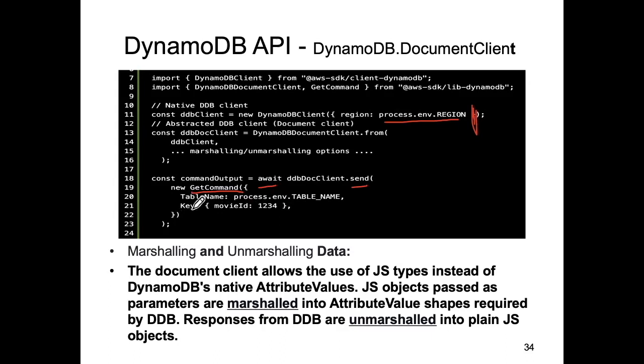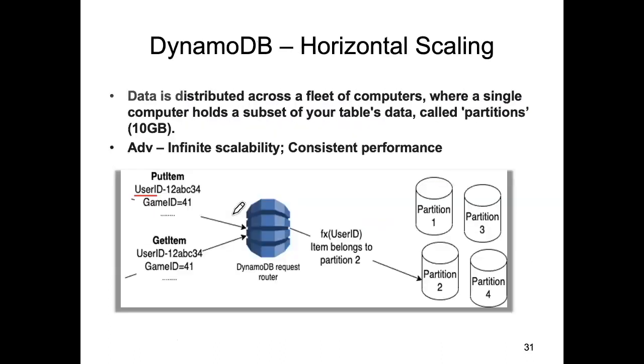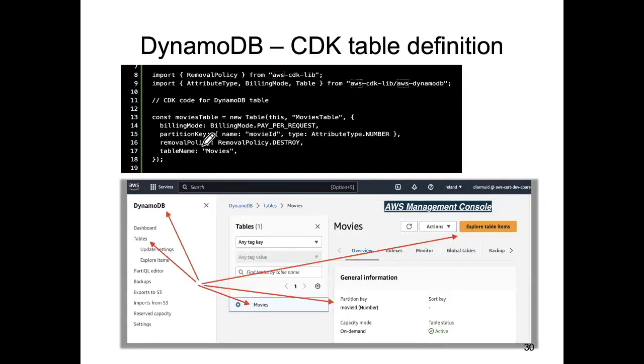So the key in this case, the primary key, is just going to be a single value. And I'm specifying that I want the movie ID to be 1, 2, 3, 4. Movie ID here has to correspond to, if I go back, whatever you said it was here. So you've got to be careful about that.